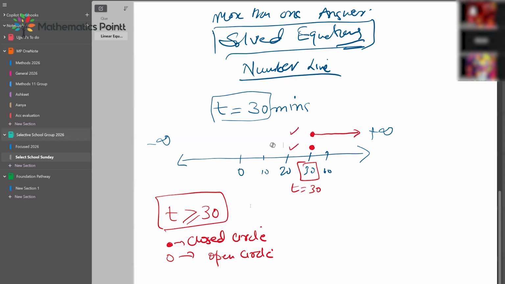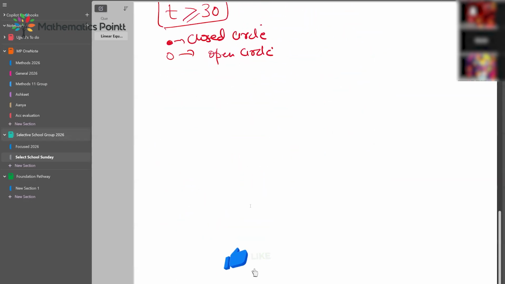Now, let's move forward. Let's see how we are going to solve these inequalities. Let's try to solve an equality first before we solve an inequality.